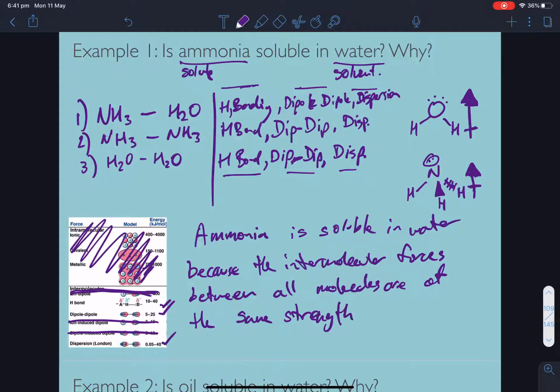So they'll evenly distribute and form a homogeneous mixture with, I was going to say oxygen, with water and ammonia. So ammonia is soluble in water, and we do use ammonia solutions in water later on when we do acid bases, because ammonia is what we call a weak base, but more on that later.